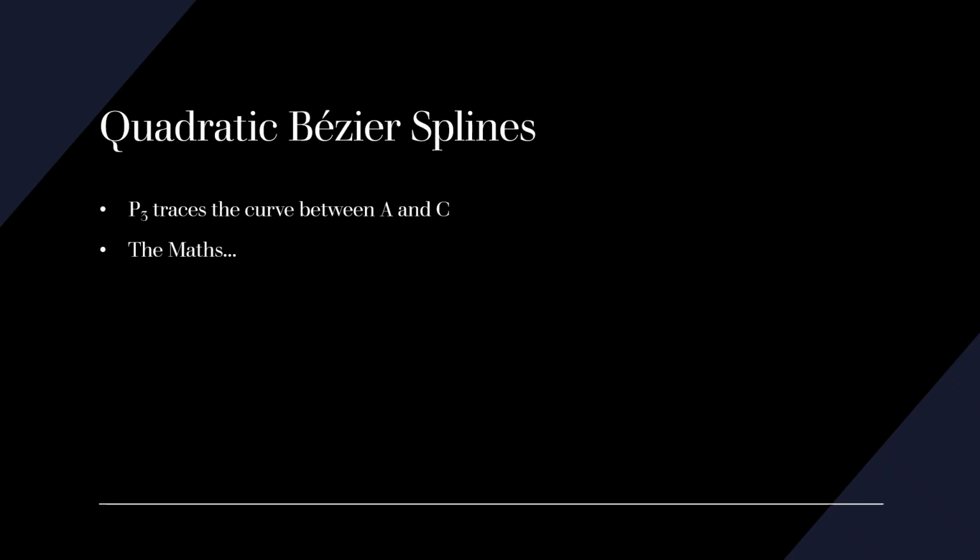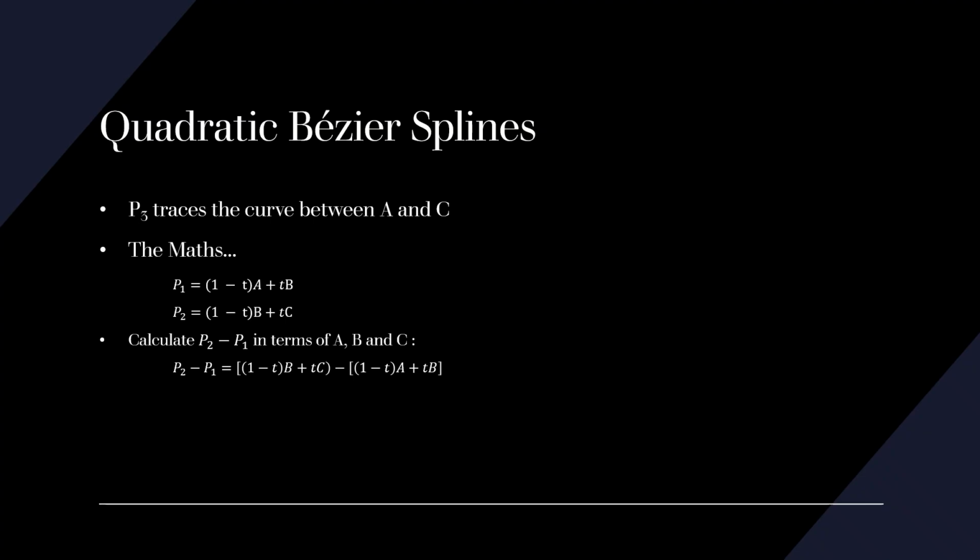Now, there is a little bit of maths behind this. It's fairly straightforward, but I recommend you take the time to go through it, do this maths yourself as well, just to make sure you fully understand it. As I said, I'm going to use the slightly different version of the equation, but P1 is calculated based on t as the point moving between A to B. P2, again, as I was saying, but this time we're moving from B to C. What we can now do is calculate P2 minus P1 in terms of A, B, and C. So P2 minus P1, we have a value for P2, we have a value for P1.